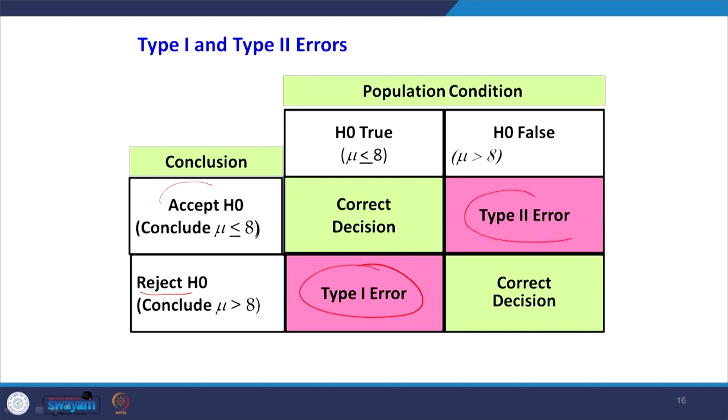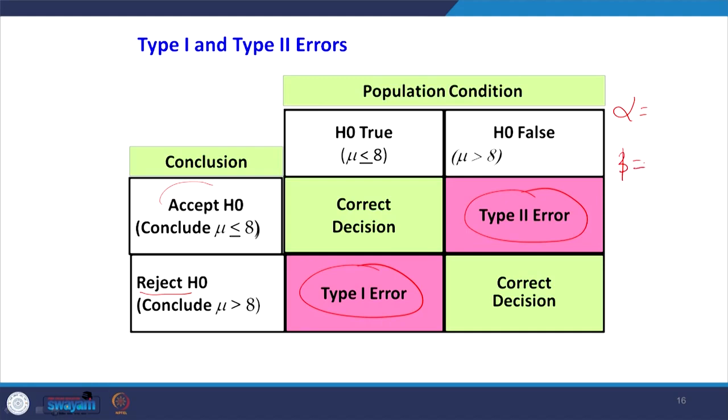That is called your type 2 error. So another name for type 1 error is incorrect rejection, and for type 2 error it is false acceptance. We can say another example: the producer risk, we call it alpha. Alpha is called type 1 error, and beta, the consumer risk, is called type 2 error.